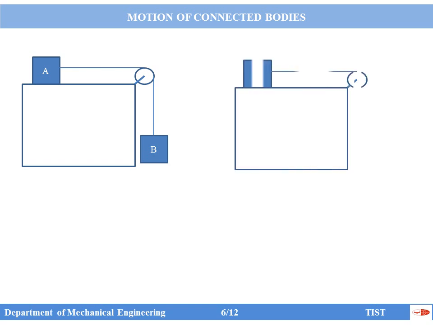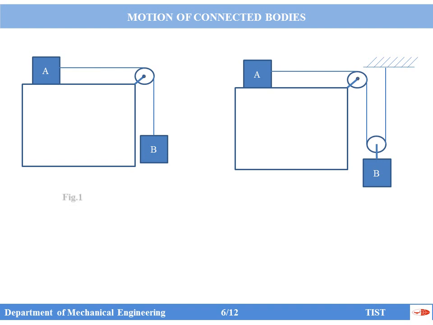Now if you look at the second figure, the body A is connected with the body B using two pulleys. Here again the body B will move in the downward direction, and because of that, the body A will move in the right hand direction. Again the body B is not in contact with any surface.